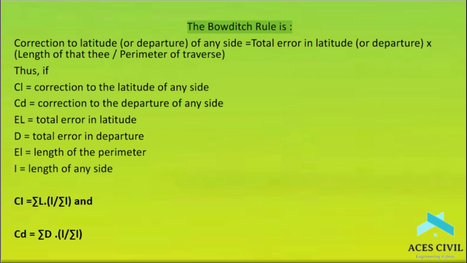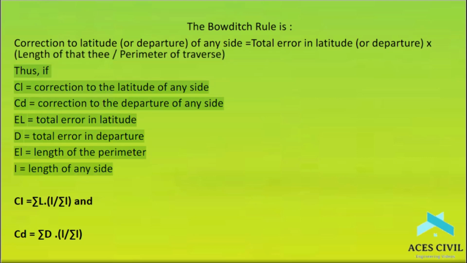The Bowditch rule is: correction to latitude, or departure, of any side equals total error in latitude, or departure, times length of the side divided by length of the perimeter of traverse.